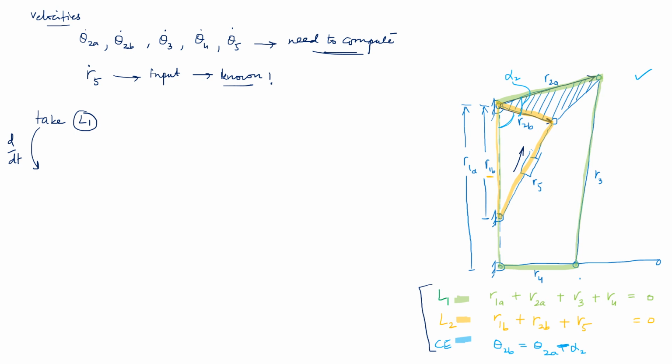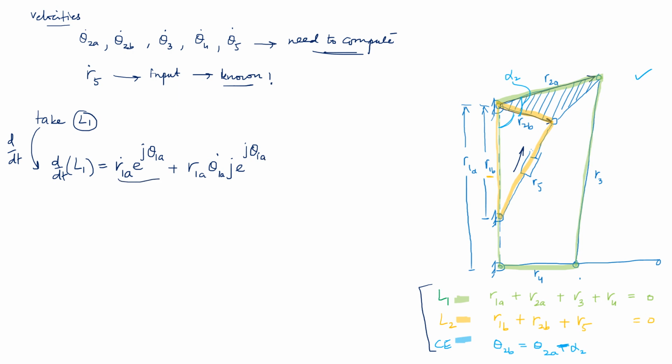So this is going to be d by dt of L1, which is equal to r1a dot e raised to the power j theta 1a, plus the same r1a, then theta 1a dot j e raised to the power j theta 1a.